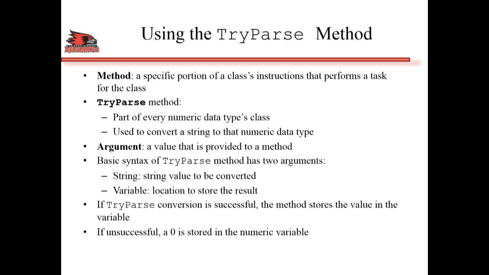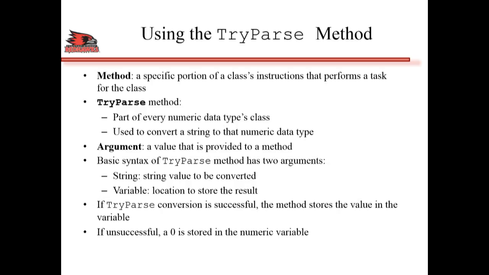It's basically defined as a specific portion of a class's instruction that performs a task for the class. So it can be used to change or convert a string to a numeric data type.